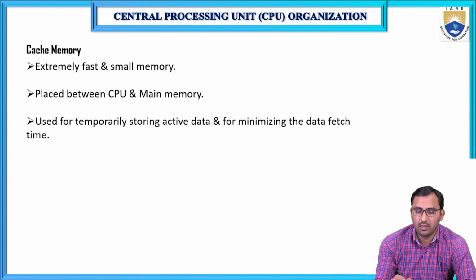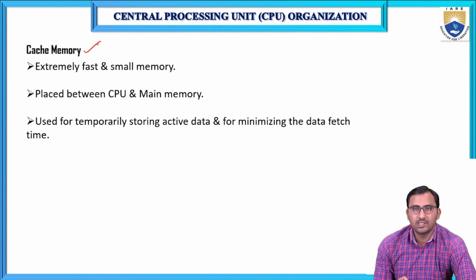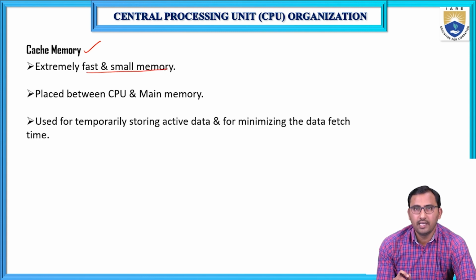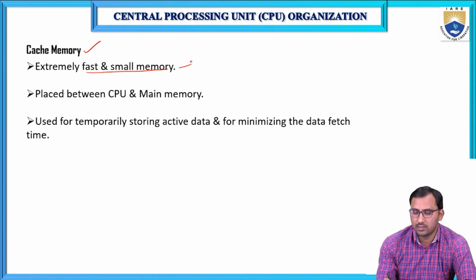And the next one is cache memory. Cache memory is extremely fast and small. It is a fast memory, but the capacity of this cache memory is very small, around some kilobytes or megabytes.